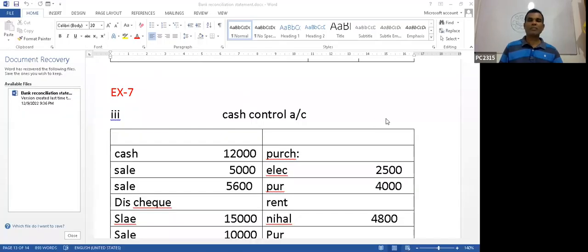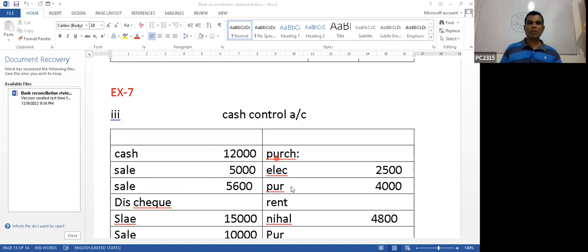Yes, now shall we discuss? Now here you see whether your bank statement and cash control account are okay. The cash account opening balance, look at that, is 12,000, and then through sales you are getting 5,000.